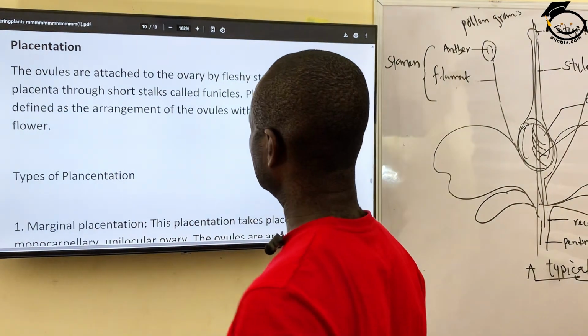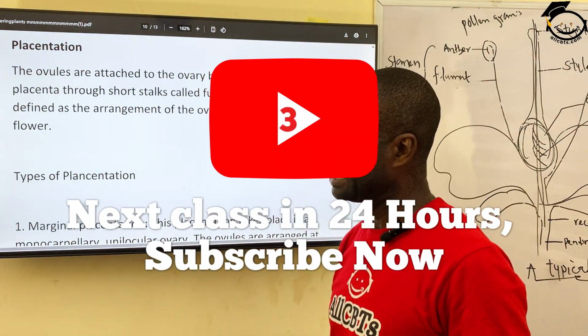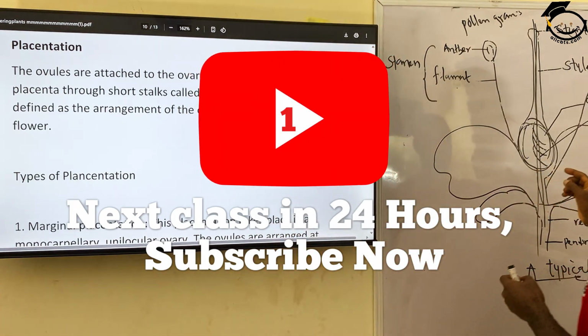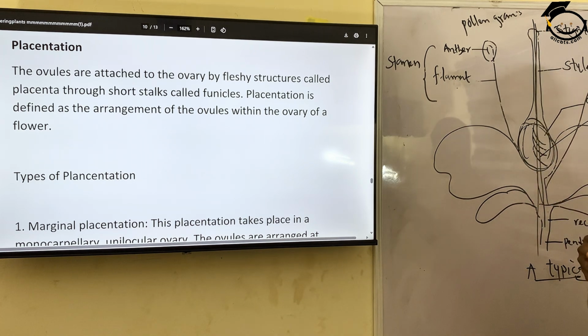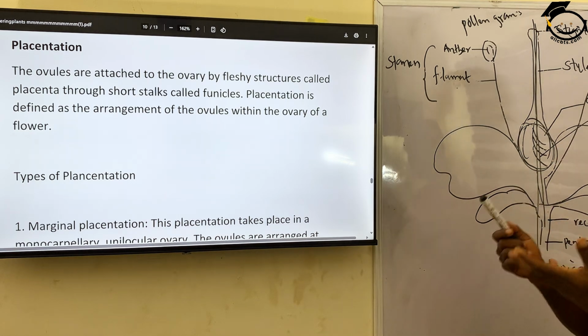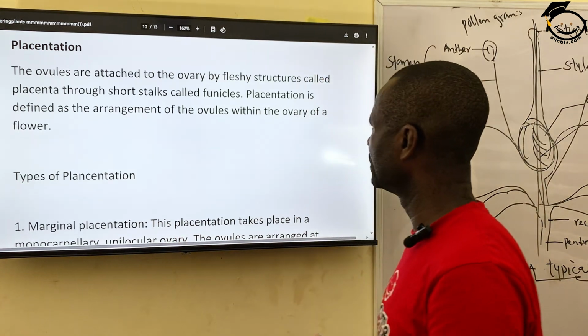Ovules are attached to the ovary by a fleshy structure called placenta, through a short stalk called funicle.